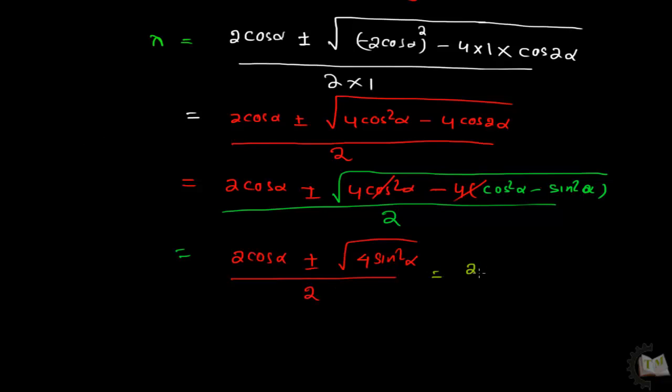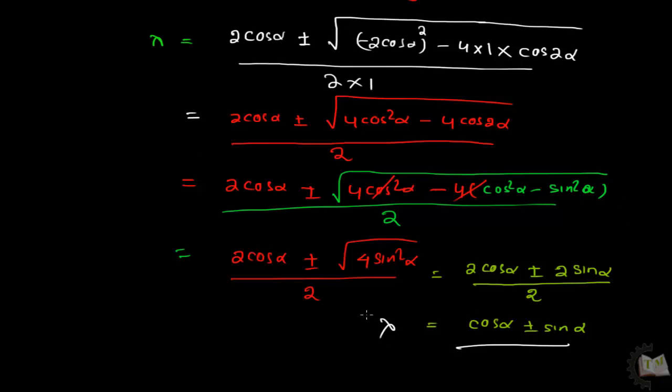So it will be 2 cos alpha plus or minus 2 sin alpha divided by 2. If you take common 2 from the numerator, then you will get cos alpha plus or minus sin alpha, and that is the final answer.